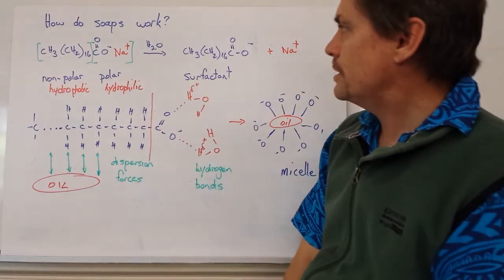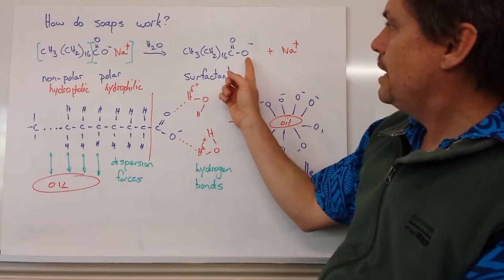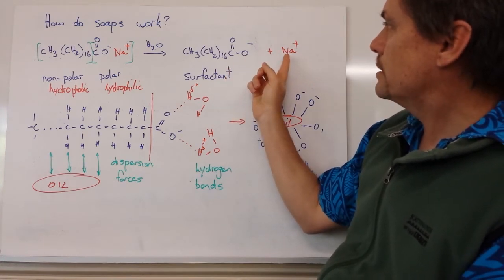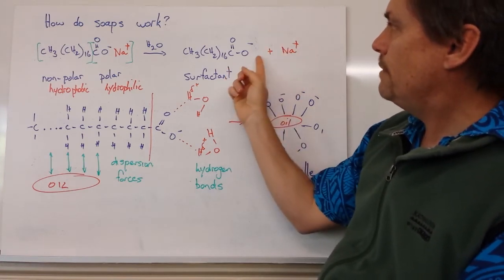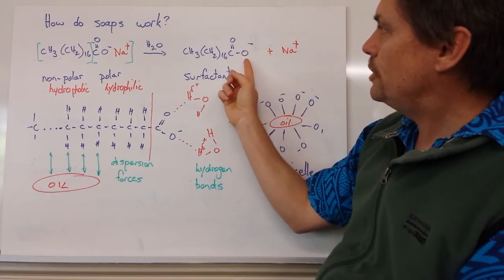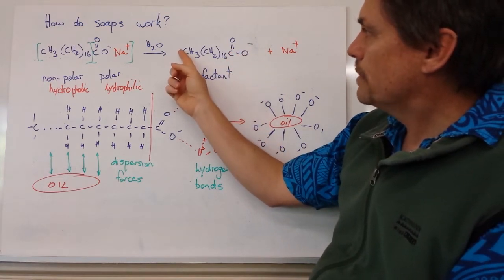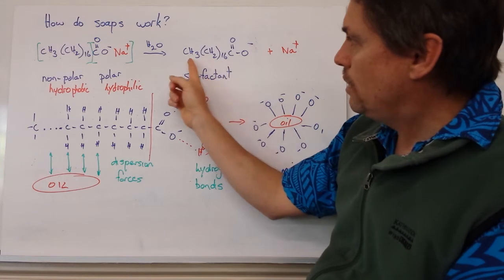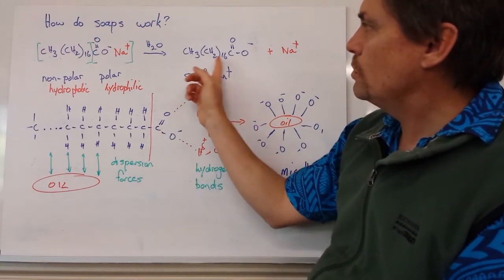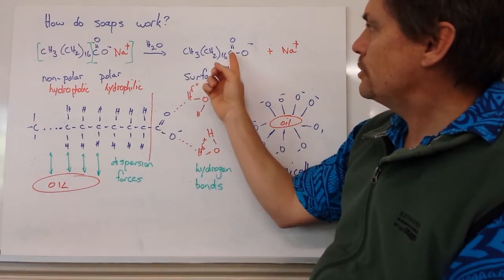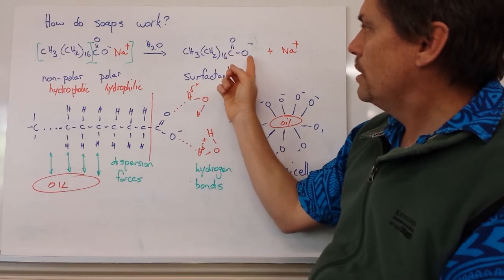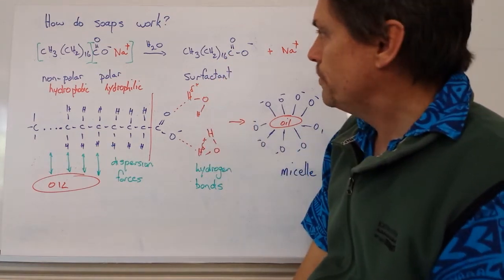So we add water to it, and instantly our molecule dissociates. So our sodium is given off, and that leaves us with a negatively charged group here with our long non-polar chain attached to our C double bond O minus group.